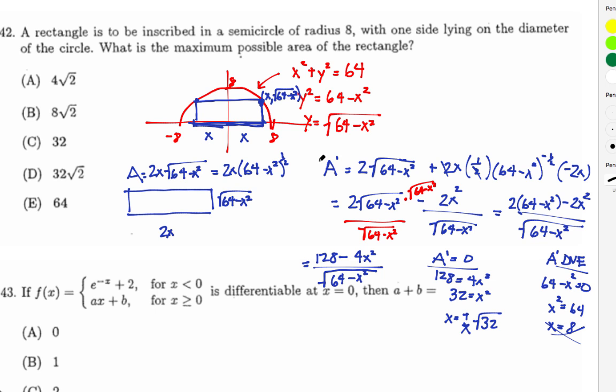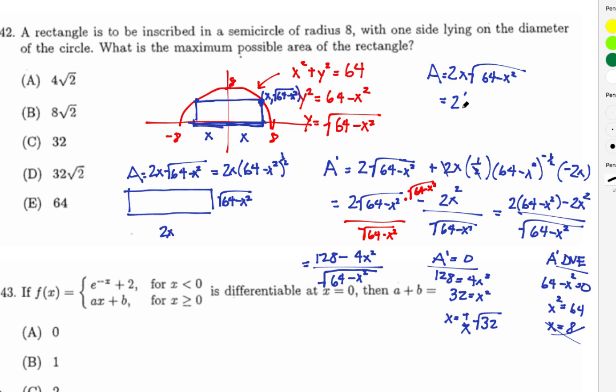This one isn't a possibility because if x was 8, then all of the rectangle would go into one of the sides, and so our area would obviously be 0 because it all went here and none of it could go into the height of this thing. So I'm crossing that one out. So our answer must be root 32, but they want us to maximize the area. So the area is 2x root 64 minus x squared.